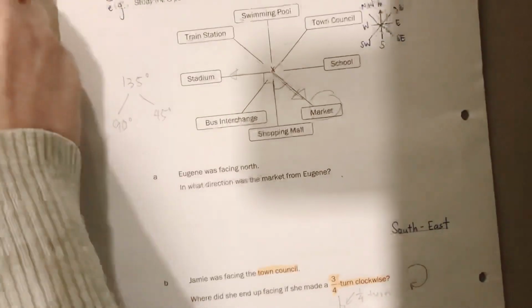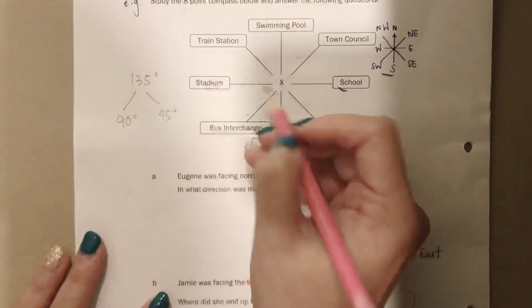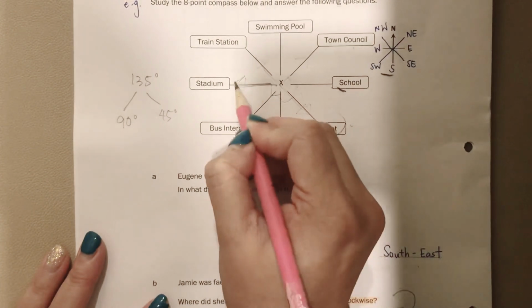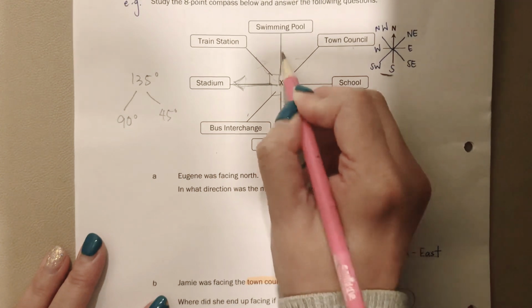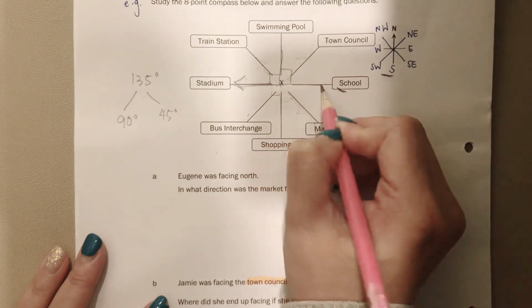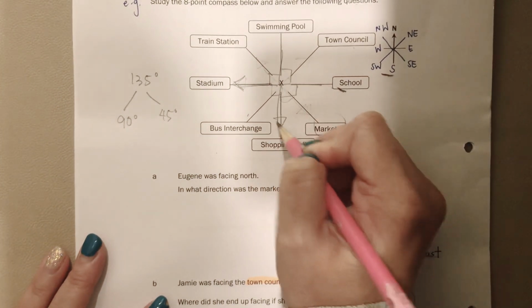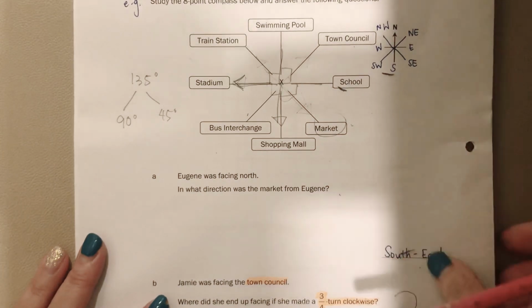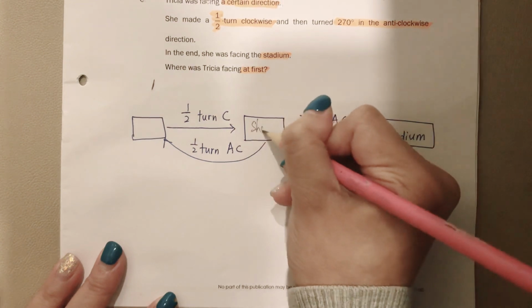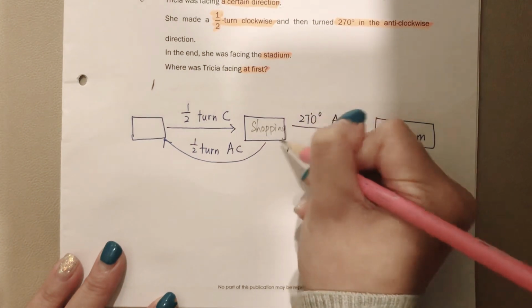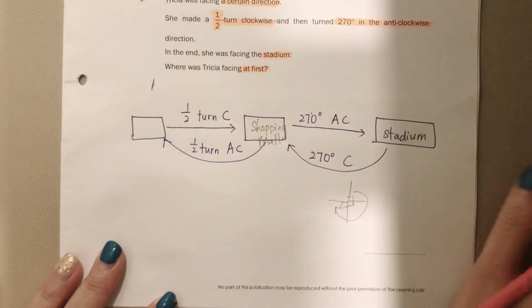Okay, so let's go back. Start from scratch. Okay, there we go. He's facing the stadium and he wants to do a 270 degrees clockwise. 1, 2, 3. Then he will be facing the shopping mall. So let's go back. Shopping mall. Okay.